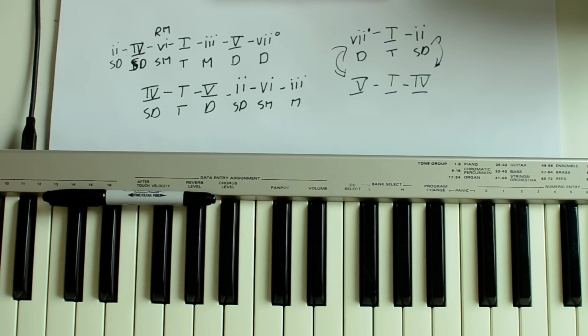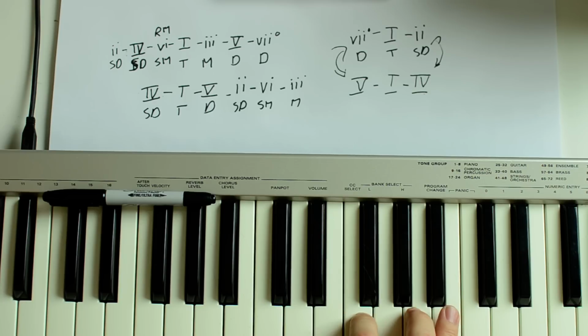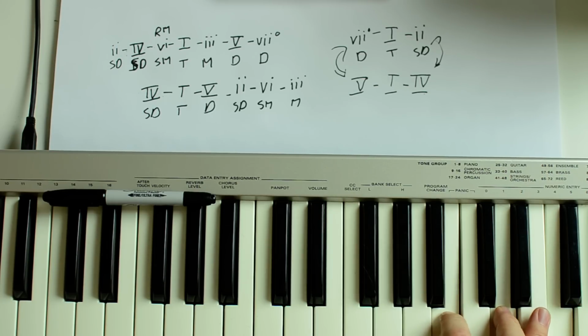So movement by seconds and movement by fifths isn't very different. And if we think back to our jazz 7th chords, this is kind of obvious, right? This chord is a 4 chord and a 2 chord. This chord is a 5 chord and a diminished chord on the 7th scale degree.